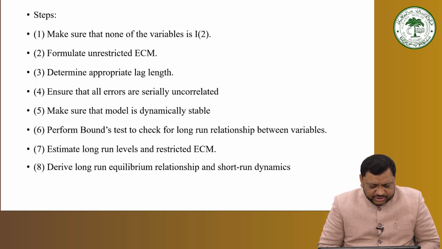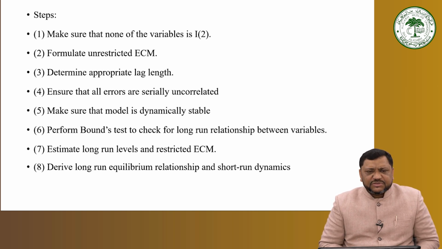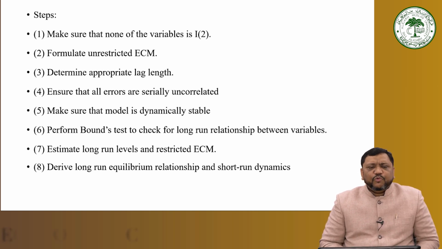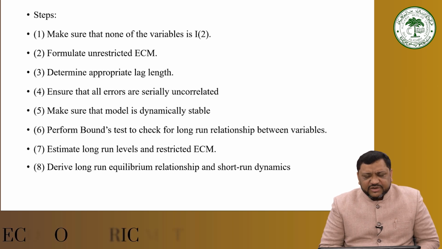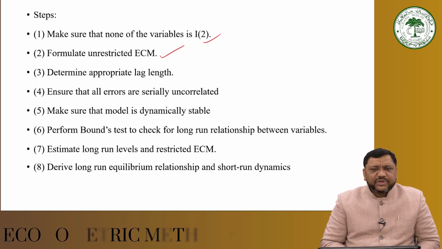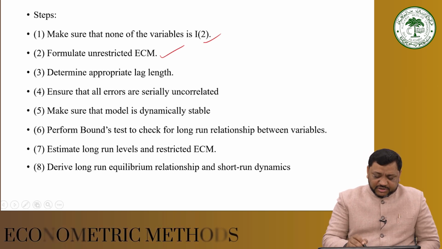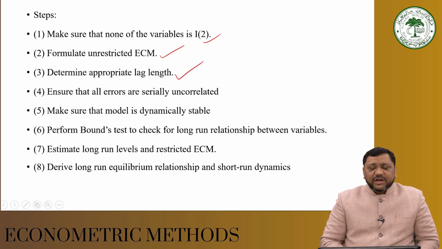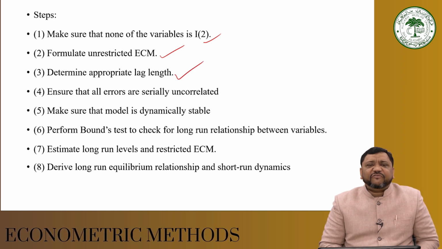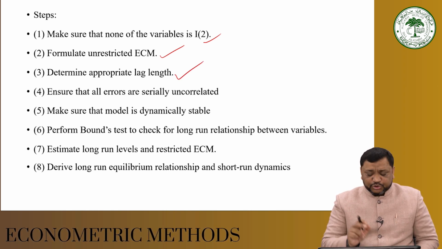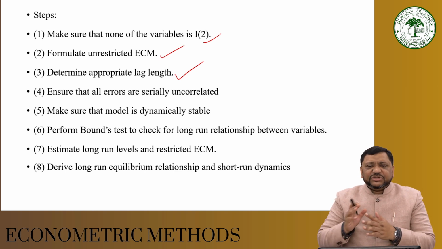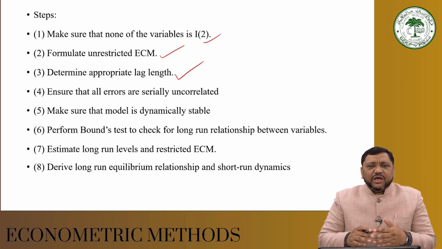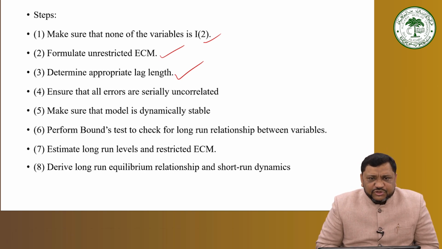We make sure that none of the variables is I2. We formulate an unrestricted ECM, error correction model. We determine the appropriate lag. Now, this determination of appropriate lag is a very crucial issue, because each individual variable will have a different lag which is suitable.